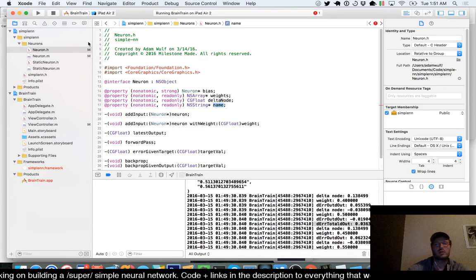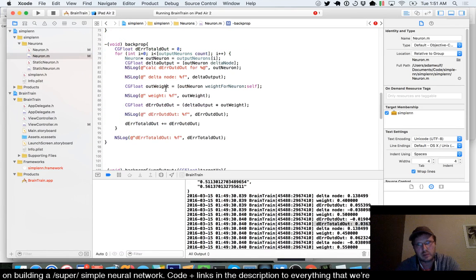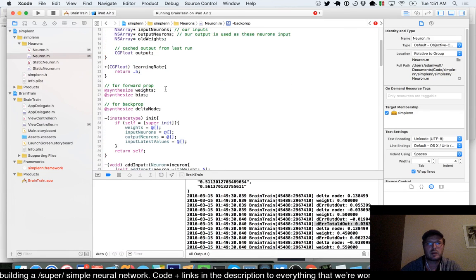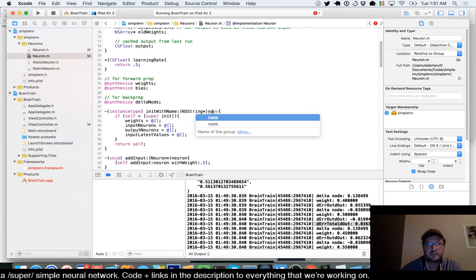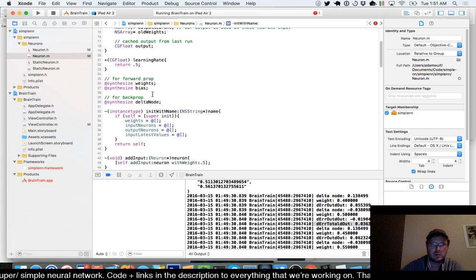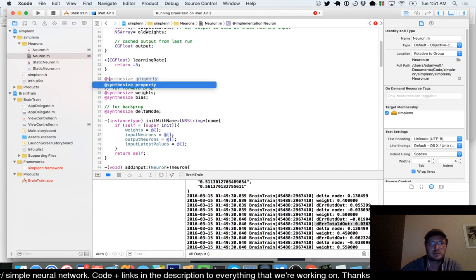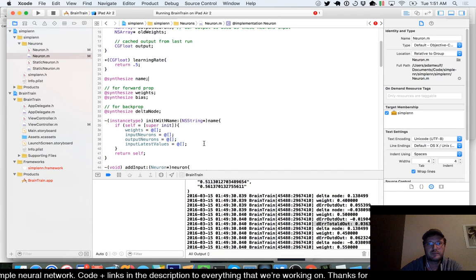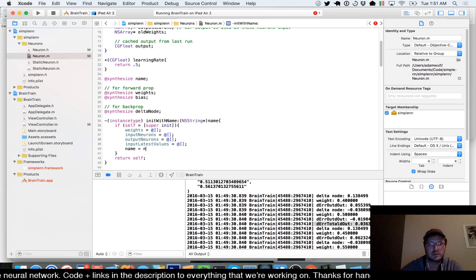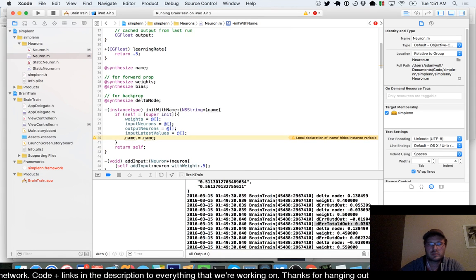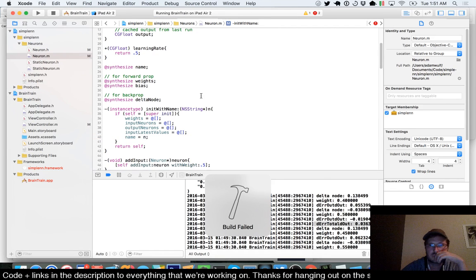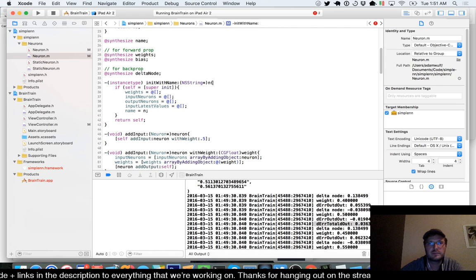That way our log files will be a lot prettier. Name. There we go. And then we will synthesize name. Name equals name, creatively enough. Yep. Right. Pretty good.